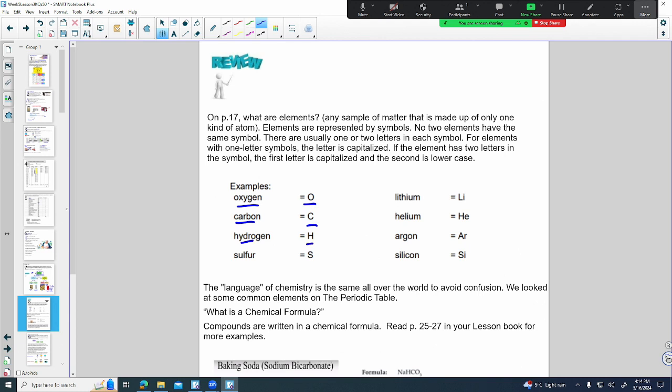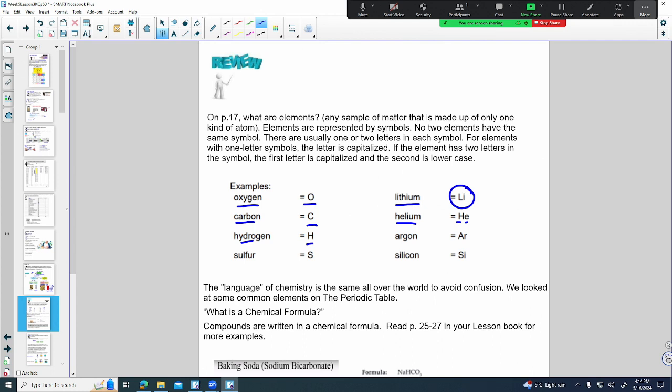For those elements, lithium, helium, argon, and silicon, the first letter of the symbol is capital, so L, and the second letter is lowercase i for lithium; for helium, capital H, lowercase e, and so on.